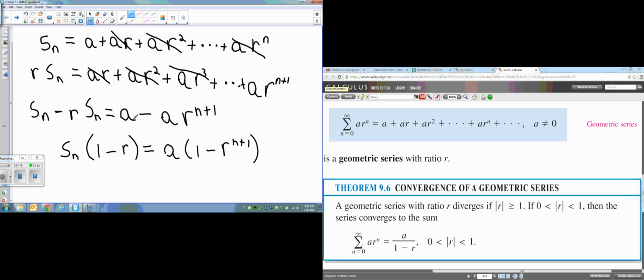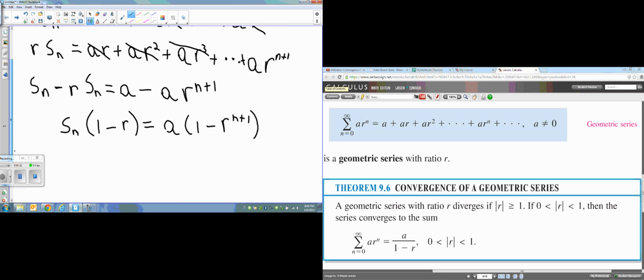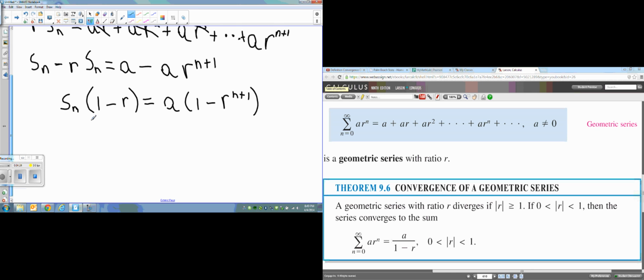All right, so now I have a way I can solve for Sn. I can find the nth partial sum, Sn, by dividing both sides by 1 minus r. So I get that Sn, the nth partial sum, is equal to a over 1 minus r multiplied by 1 minus r to the n plus 1 power.